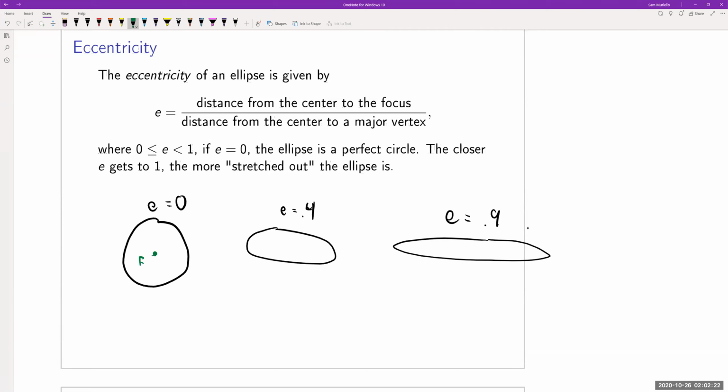Here, F1 and F2 are the same. Here, they're spread out a little more, and here, they're spread out even further. The further apart the foci are, the more stretchy the ellipse ends up looking, and the larger the eccentricity. Eccentricity will never be equal to 1, but it could get very, very close. It is okay for eccentricity to be 0. That simply means we have a circle.